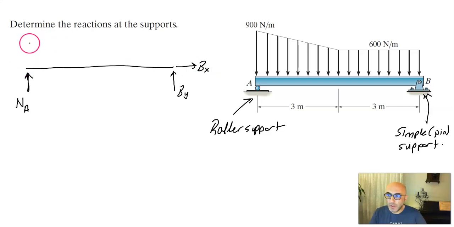Okay, and here we have a trapezoidal load starting from 900 Newton per meter and going down to 600 Newton per meter.